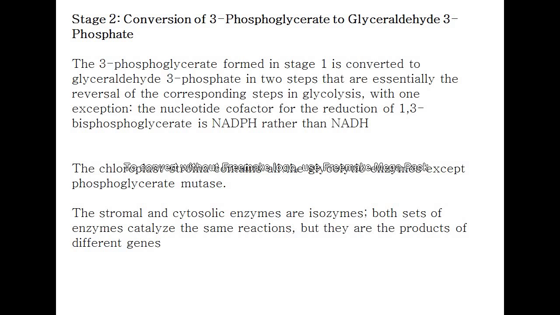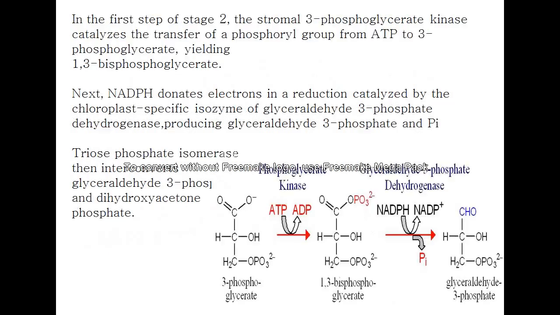3-phosphoglycerate is initially phosphorylated to 1,3-biphosphoglycerate. This is catalyzed by ATP. We get this ATP from the light reactions, and there is the incorporation of phosphate to this particular group.